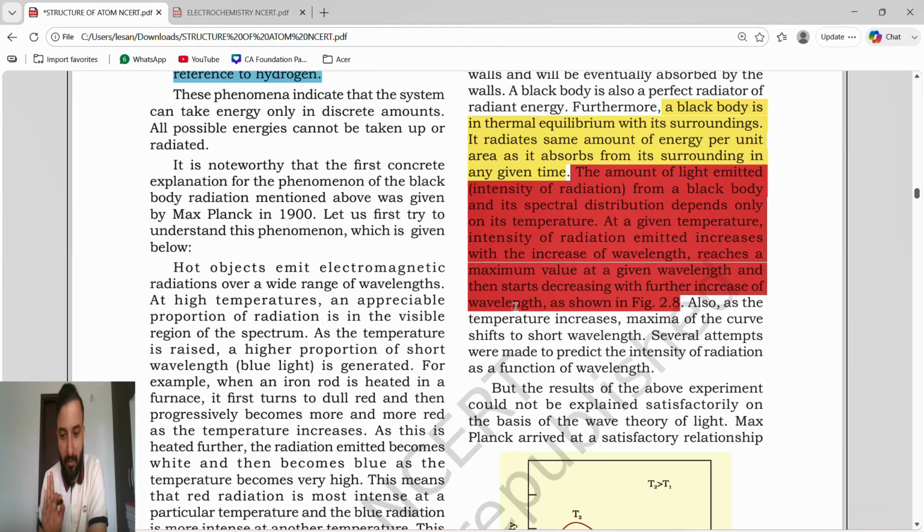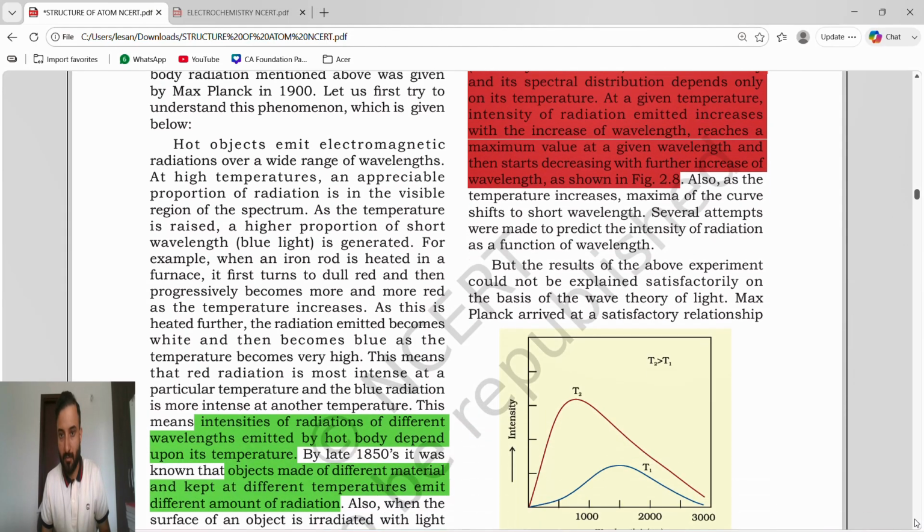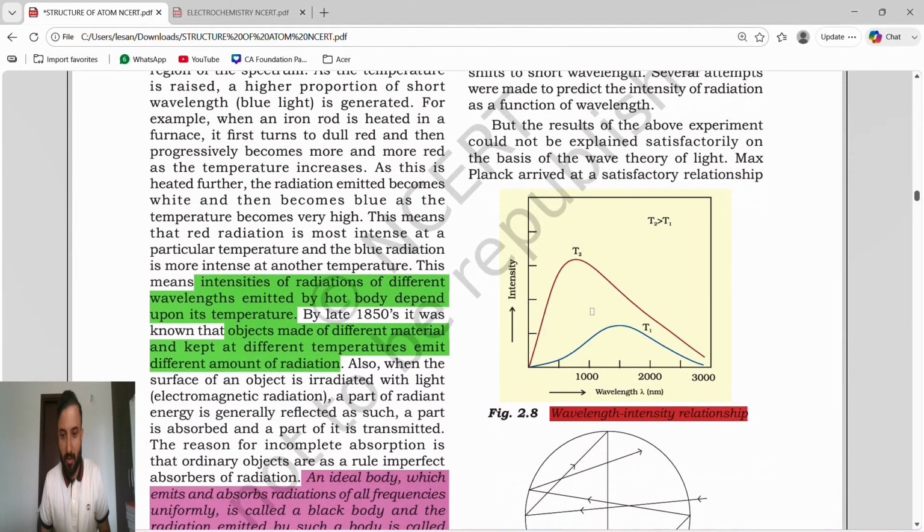Understand this very important thing. This is wavelength, this is intensity. Suppose I kept the temperature as T1. At a given temperature, with increase in wavelength, the intensity will increase, reach the maximum, and then start decreasing.